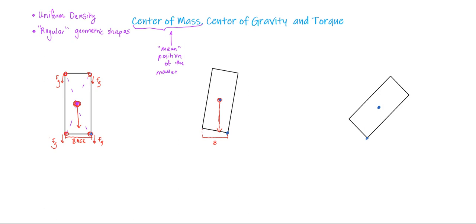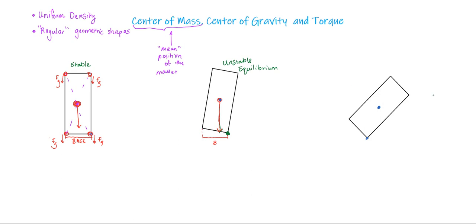Just a little side note, this is called unstable equilibrium. The reason for that is that it's not entirely stable like this one is, but it's going to go back to being stable because the force is going to pull where it's over the base, or the shadow of the base, relative to this pivot point, and it will wobble a little bit, but it will rectify itself in this regard.